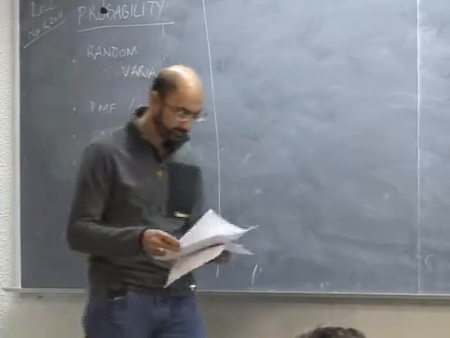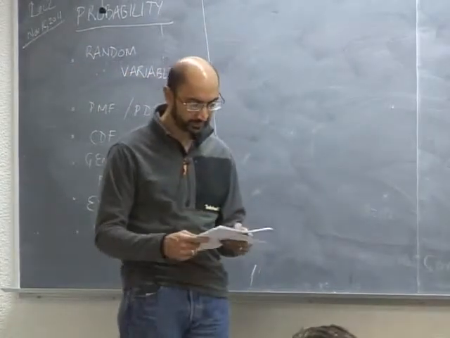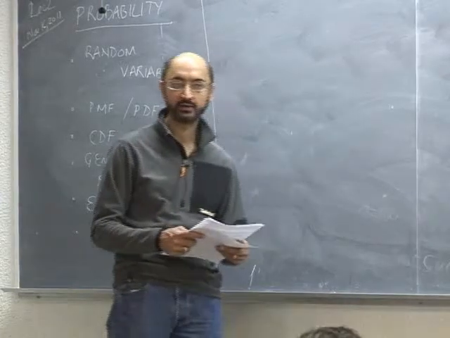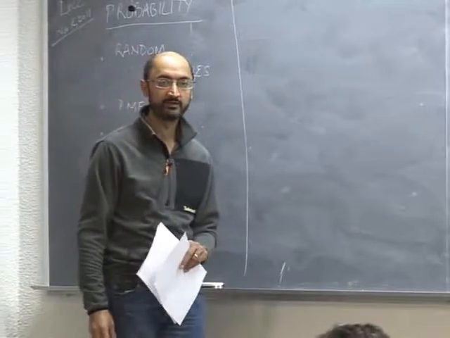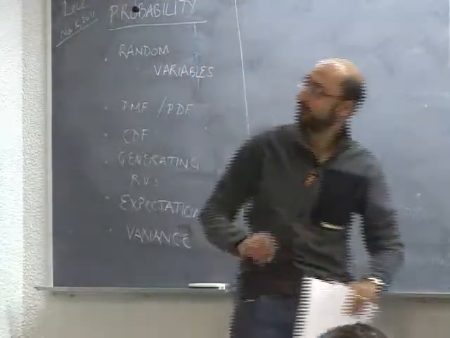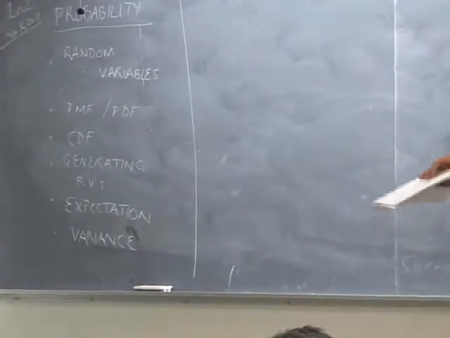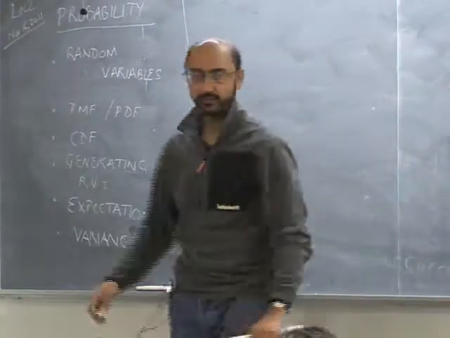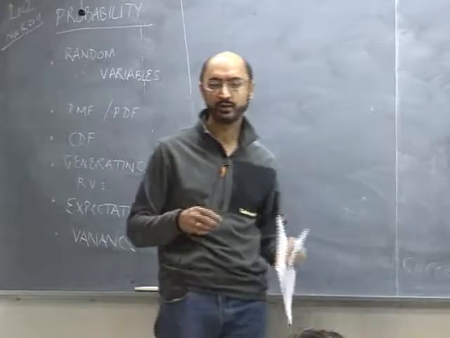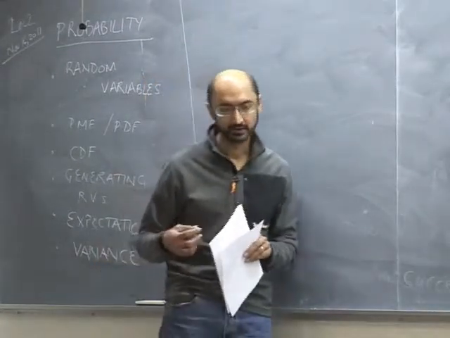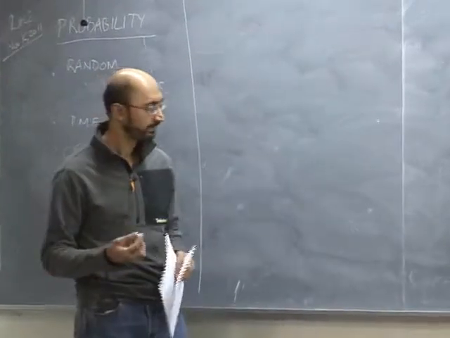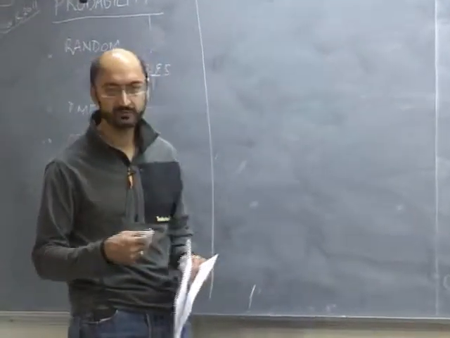Okay, so I'm going to start with random variables, and I'll give you a more intuitive understanding of what a random variable is. So we often have the situation where we have a variable. Think of a variable in the sense of computer science, where we have some kind of variable, and it assumes certain values.